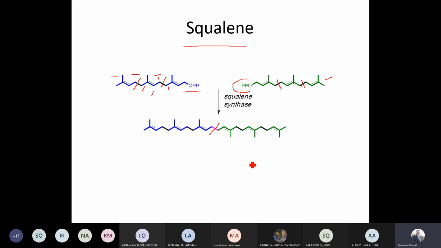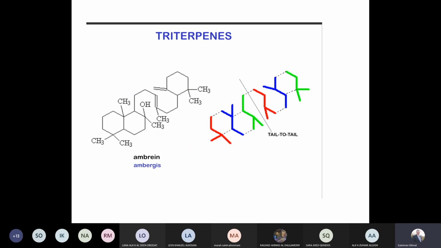So tail to tail. If we look at our triterpenes, we can see that this is the farnesyl pyrophosphate, two molecules. They join to each other via the tail, tail to tail.